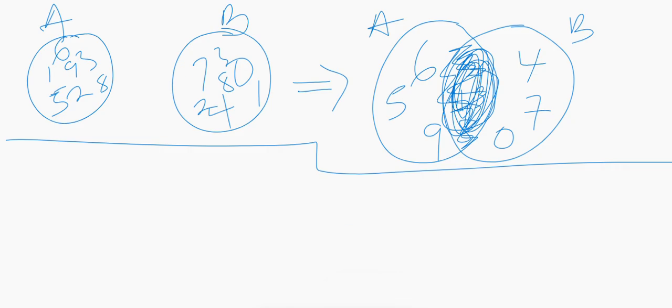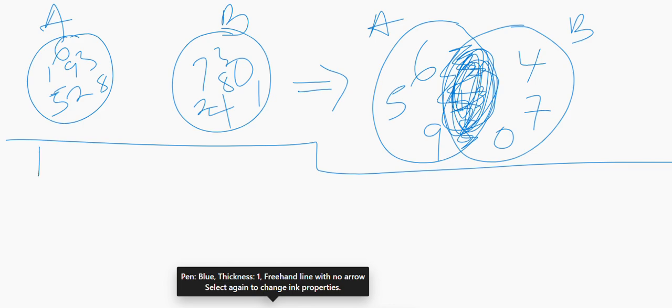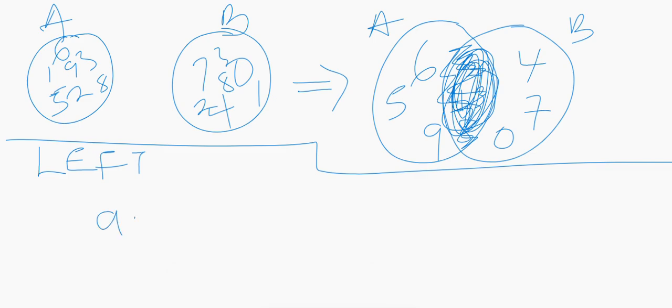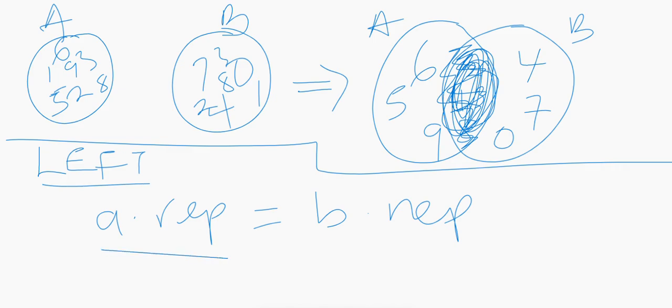So let's talk about left join. Now, left join is, the other time we said A.rep is equal to B.rep. So this is the guy on my left, and this is the guy on my right.